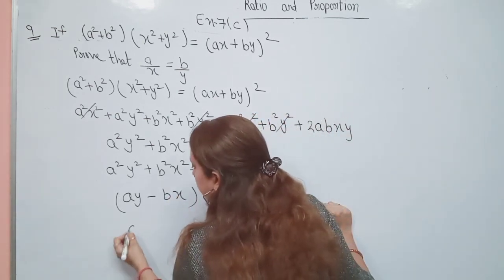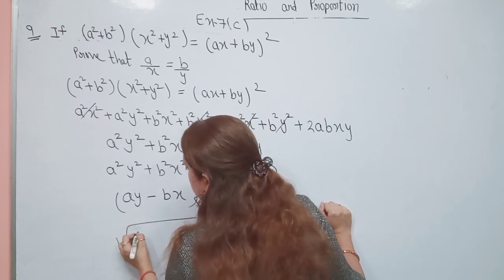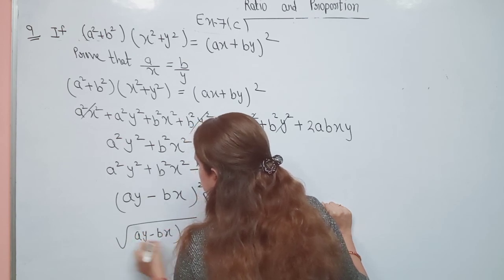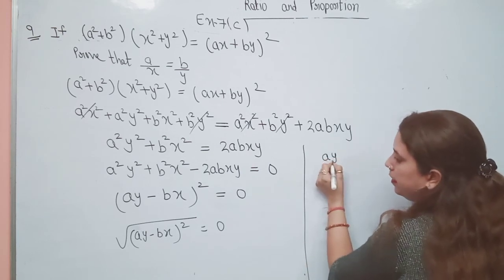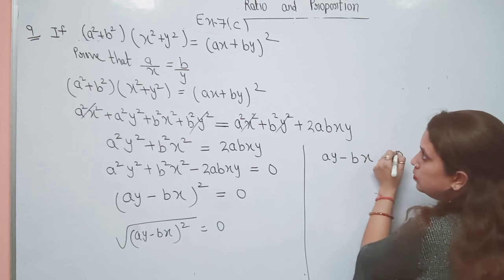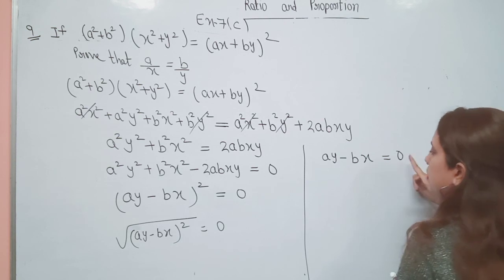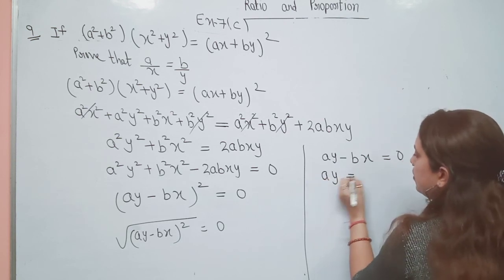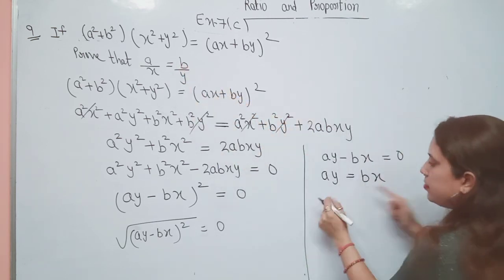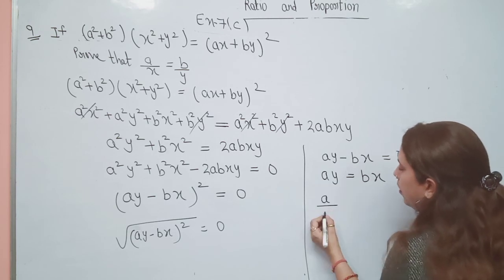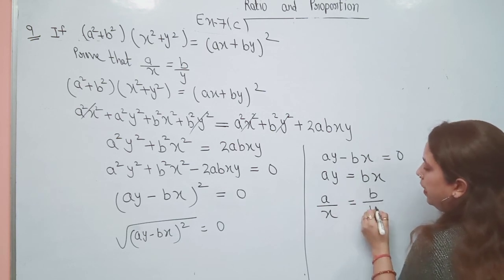So it will be ay minus bx is equal to 0. Now send bx to the right hand side, so it will be ay is equal to bx. Now we need a upon x, so send x to the denominator, and the denominator of a upon x is equal to b upon y. Hence proved.